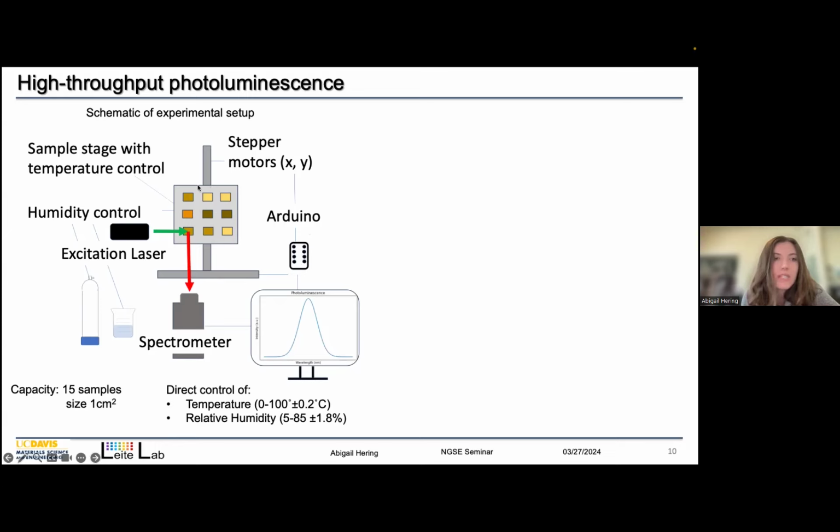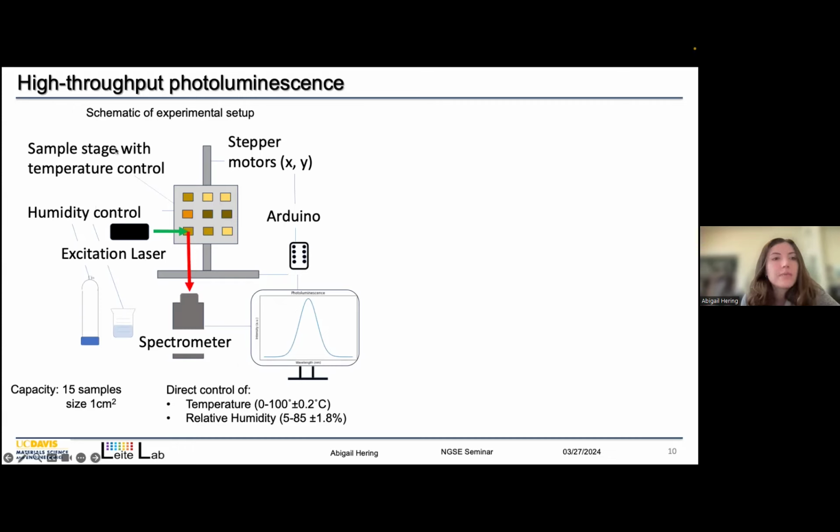So the position of the sample stage can move in both directions. The excitation laser will hit one sample at a time, and then a spectrometer will collect the luminescence data. So this is meant to represent the computer collecting the photoluminescence spectrum, which is wavelength versus intensity.